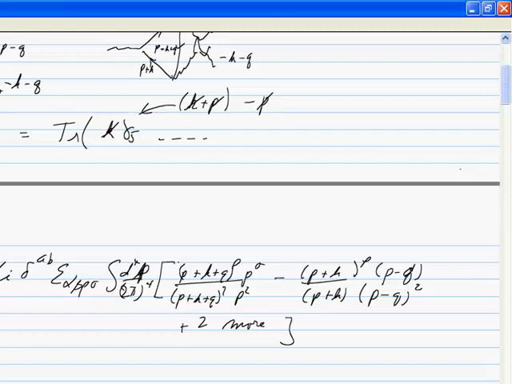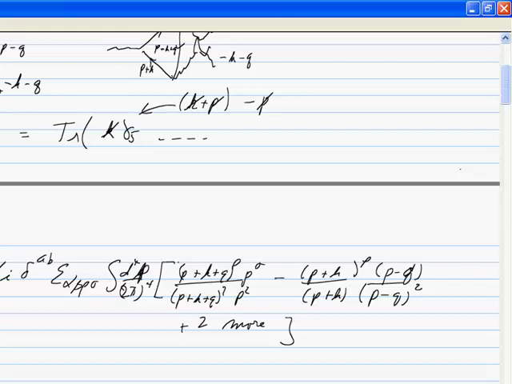I think that's enough to write out to illustrate this. At this stage, you can see 0 appearing pretty easily. These 2 differ only by, this one has p plus, so if I take p and replace it by p minus q, so this first term goes to p minus q, the second term goes to p plus k, so that they differ by just p goes to p minus q.